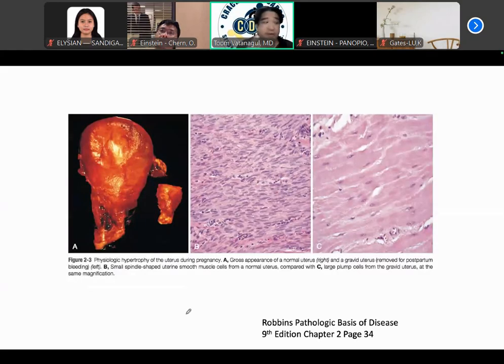Here is the physiologic hypertrophy of the uterus.